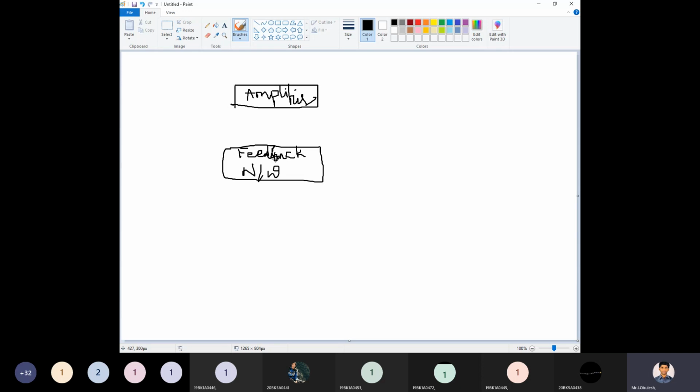This is the feedback network. This is the summing amplifier, where you give V in.